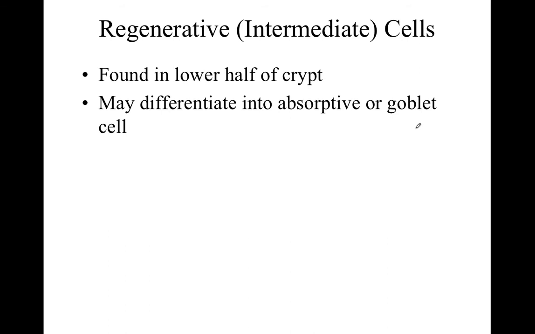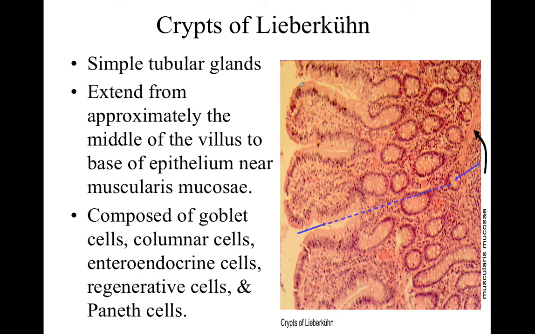Another important cell is the regenerative cell, or intermediate cell. These cells are found in the lower half of the intestinal crypt, and they are very important because they can differentiate into enterocytes or goblet cells. Now we have a very important term, the intestinal gland, or crypt of Lieberkuhn. It extends from the middle of the villi toward the muscularis mucosa.